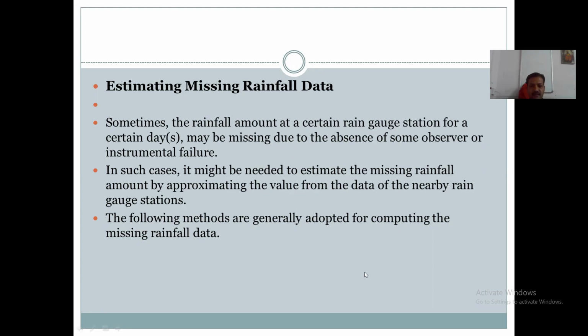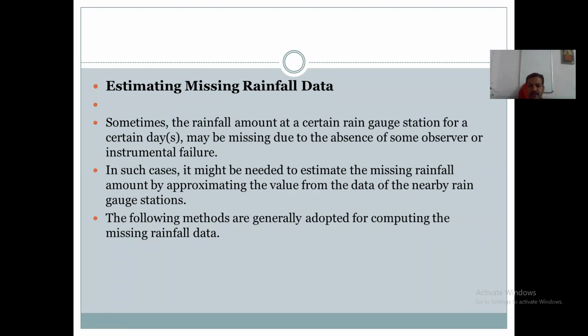In that case, the missing rainfall data is estimated by taking the approximate value from the data of the nearby rain gauge stations. There are a number of rain gauge stations installed in a particular area.